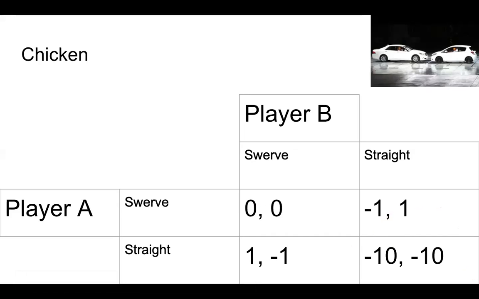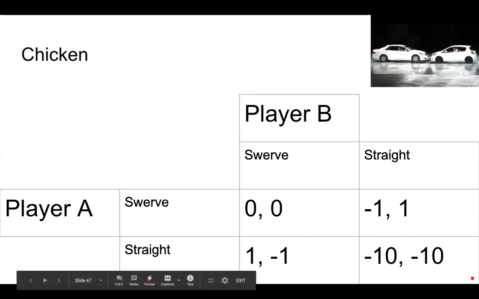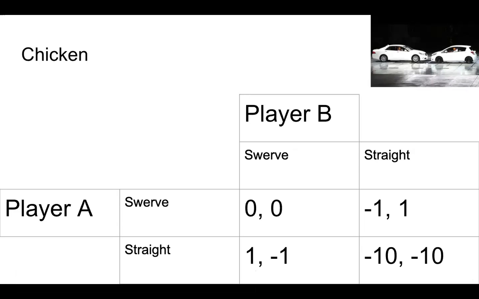If they aren't dead, they're going to have to pay for hospital expenses. I don't think the honor matters if you're in a car crash, because you might be dead. So we're assuming that if they swerve, they kind of completely veer off, so they're fine.